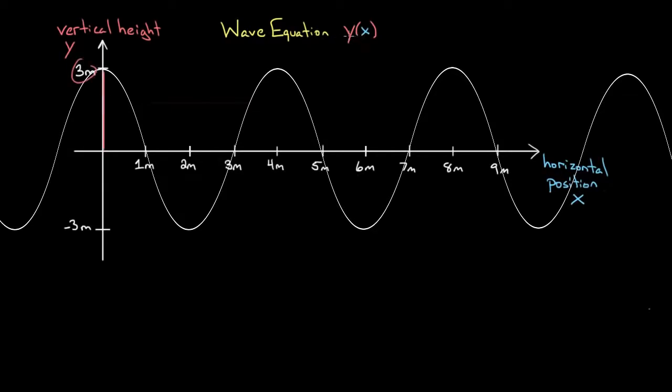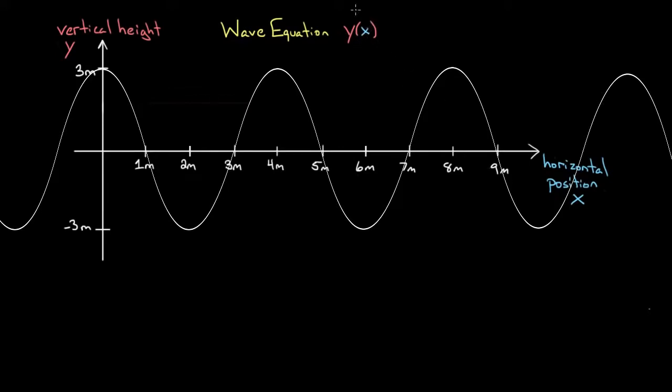So this wave equation should spit out 3 when I plug in x equals 0. And when I plug in x equals 1, it should spit out, oh, that's at 0 height. So it should give me a y value of 0. And if I were to plug in an x value of 6 meters, it should tell me, oh, yep, that y value is -3. So no matter what x I plug in here, say 7, it should tell me what the value of the height of the wave is at that horizontal position.